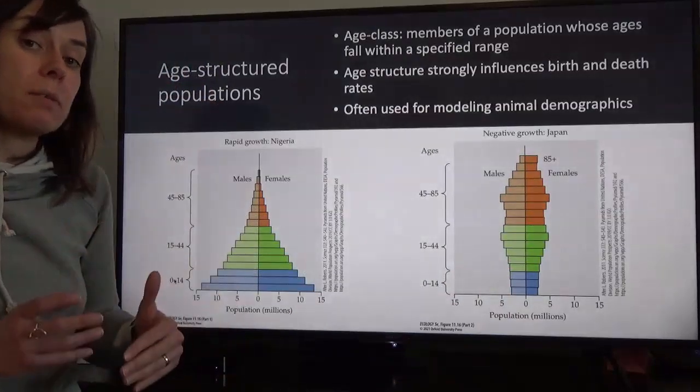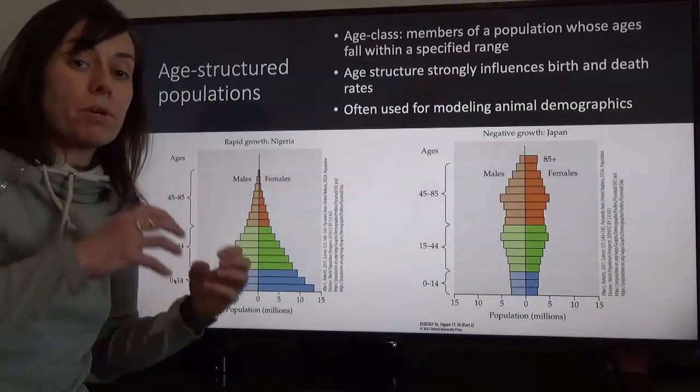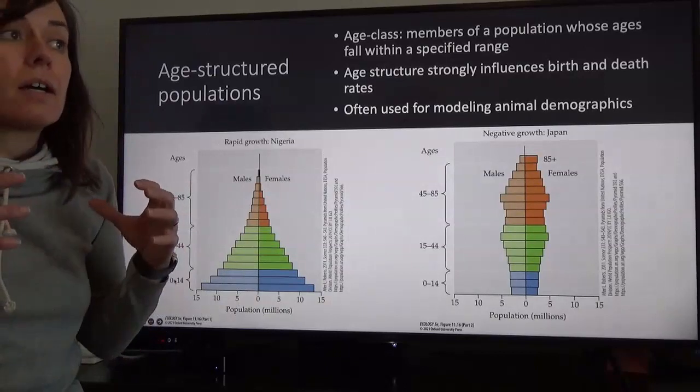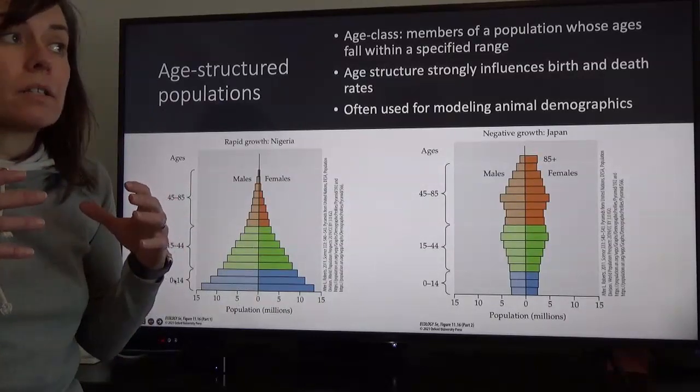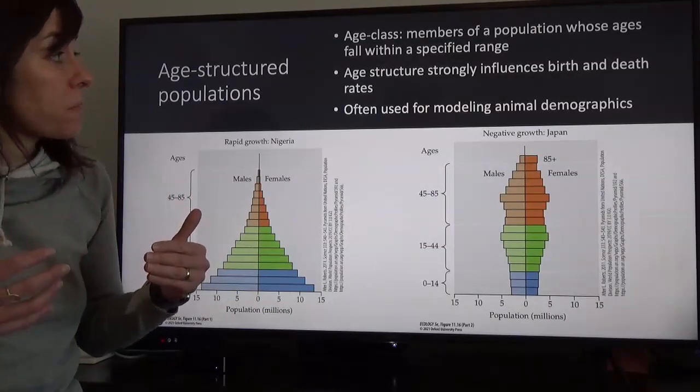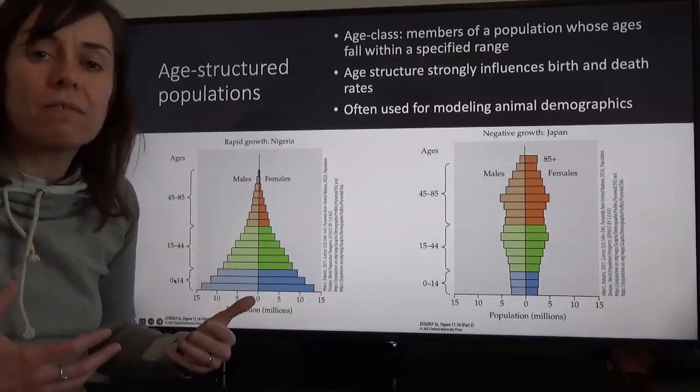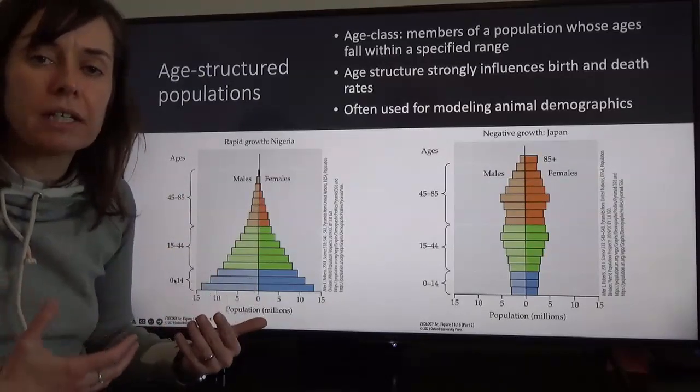And so when you think about the birth and death rates within those populations, that really strongly influences what they will look like in these two populations.